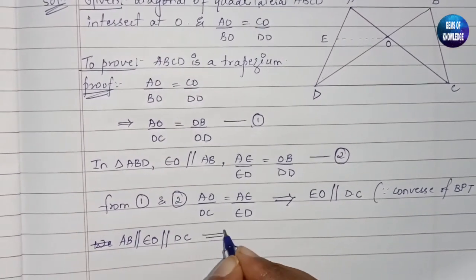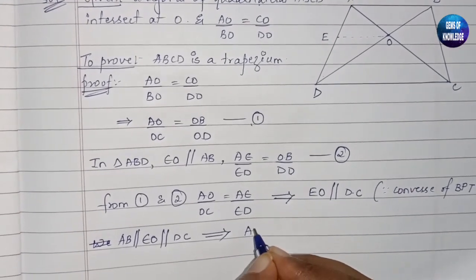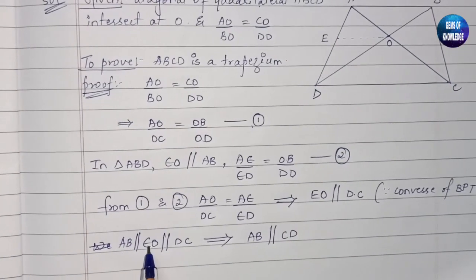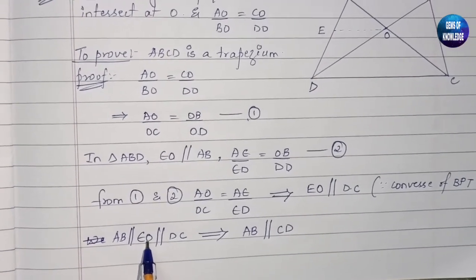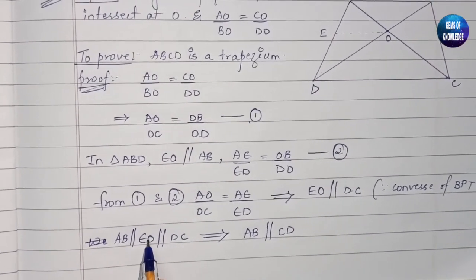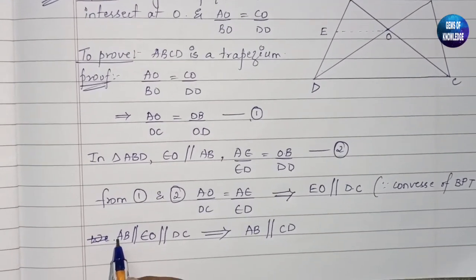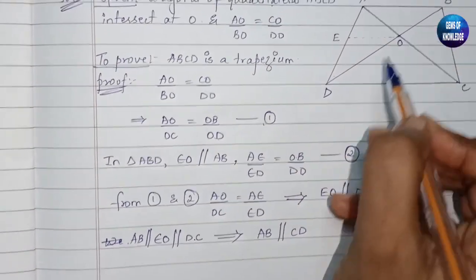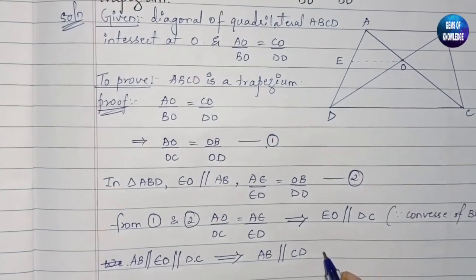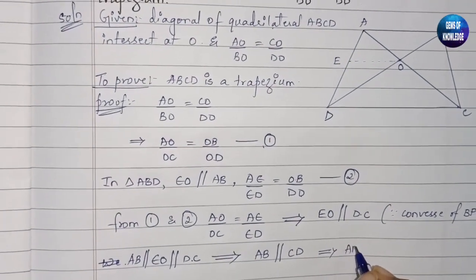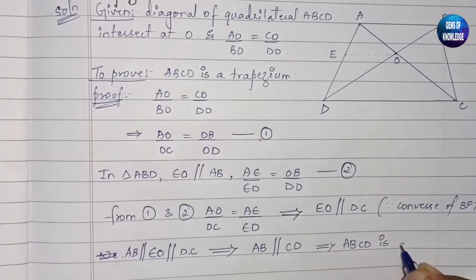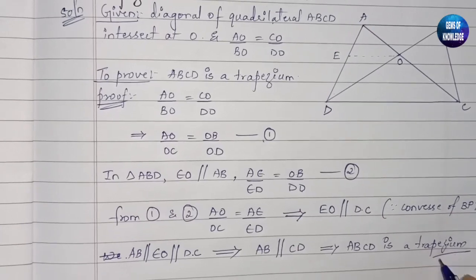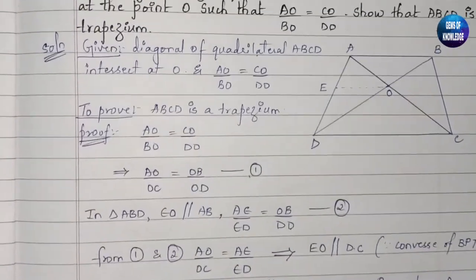So in the proper manner, we can write AB is parallel to DC. If AB is parallel to DC, we can also mention that ABCD is a trapezium. Okay, so this is cleared here.